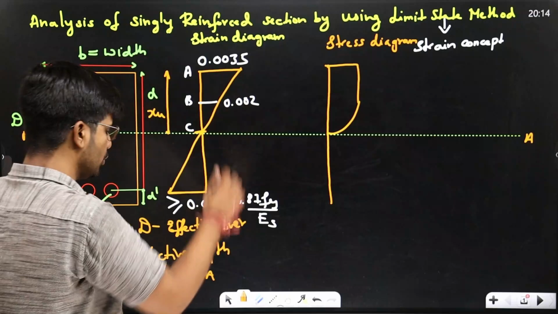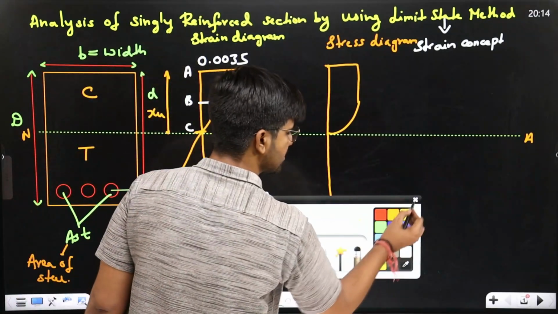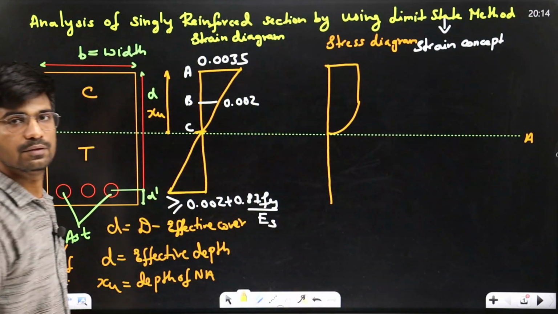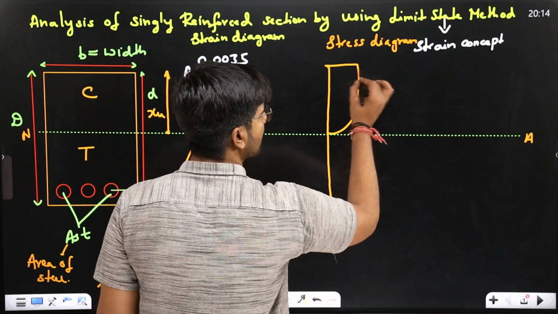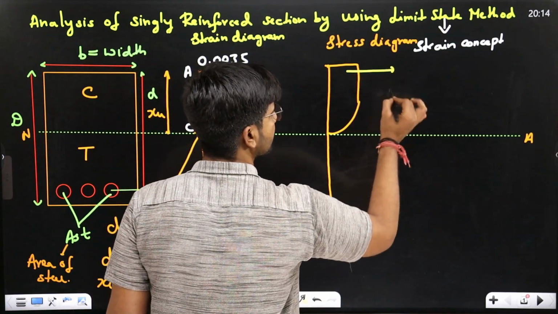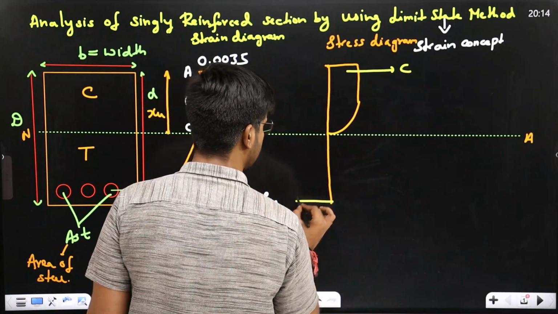The topmost portion is compression, the bottommost portion is tension. So now you can tell that here one compressive force C is acting, and here one tensile force is acting.